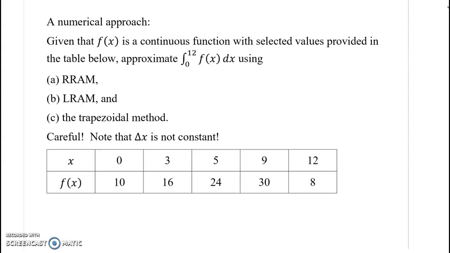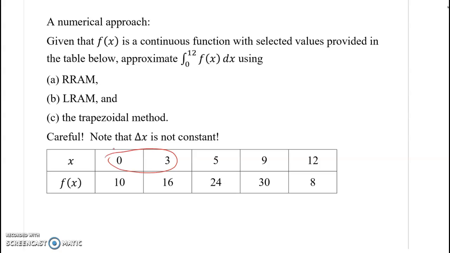For example, if I wanted to use the height of a rectangle that goes from x equals 0 to x equals 3 using the midpoint method, then I would need to know the height of the function at x equals 1.5, exactly halfway in between those. So normally we're not going to use MRAM with tables of values.